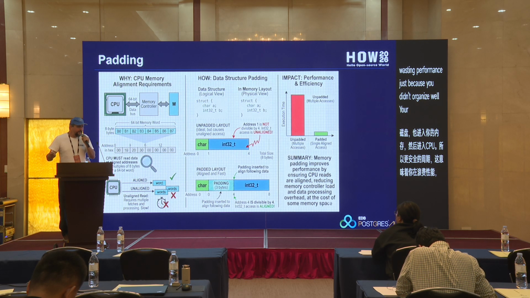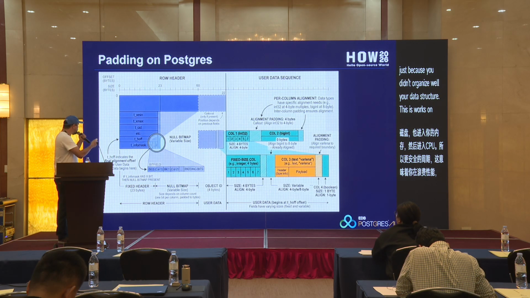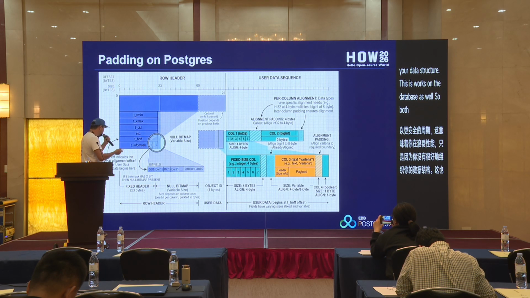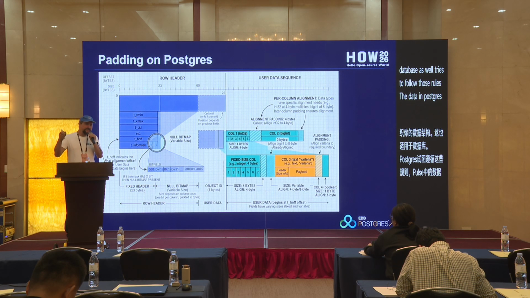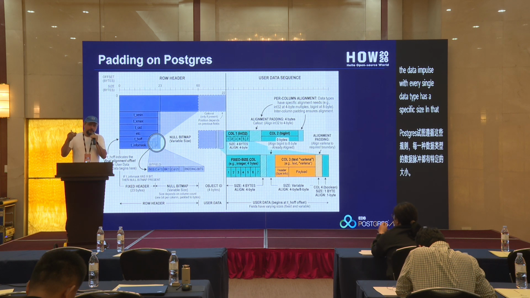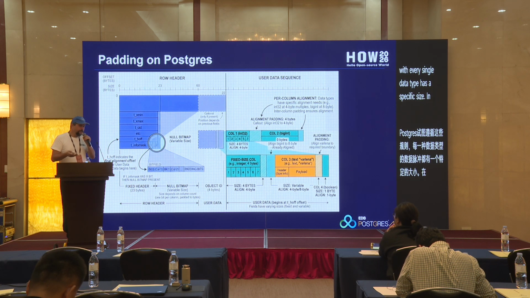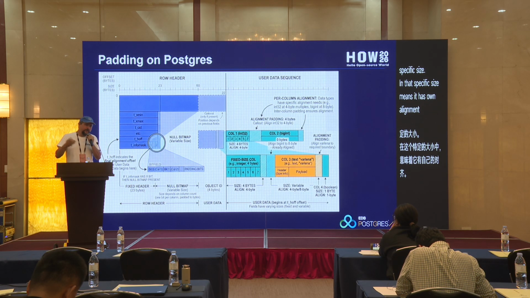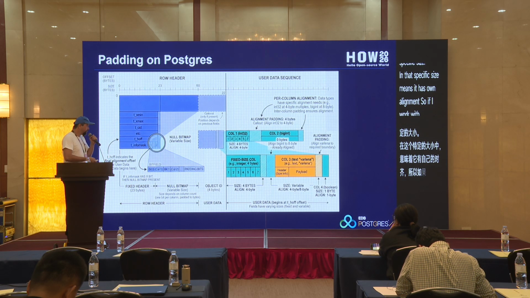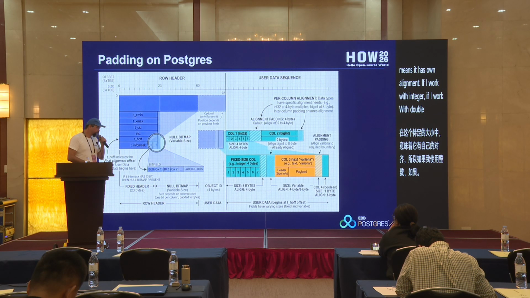And this works on the database as well. So Postgres tries to follow those rules. The data in Postgres, every single data type, has a specific size. And that specific size means it has its own alignment. So if I work with integer, if I work with double, those kinds of things, they have this specific alignment.